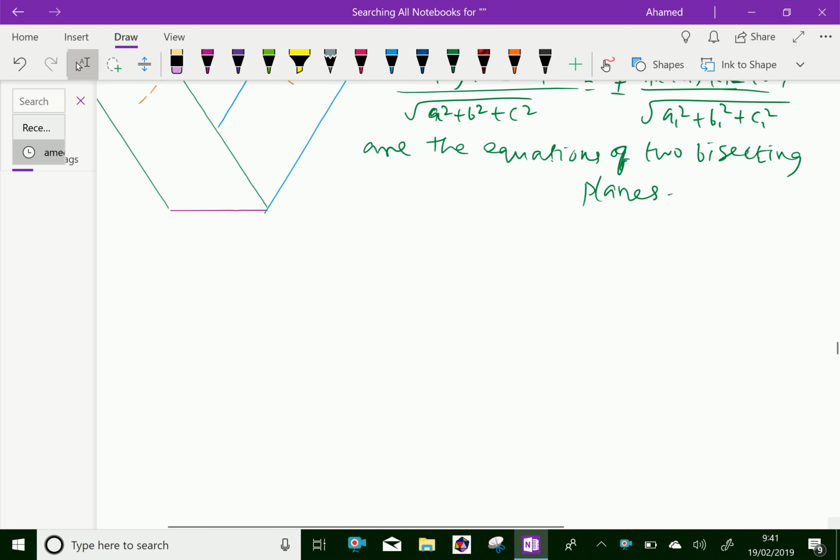Of these two bisecting planes, one bisects the acute and the other the obtuse angle between the given planes.